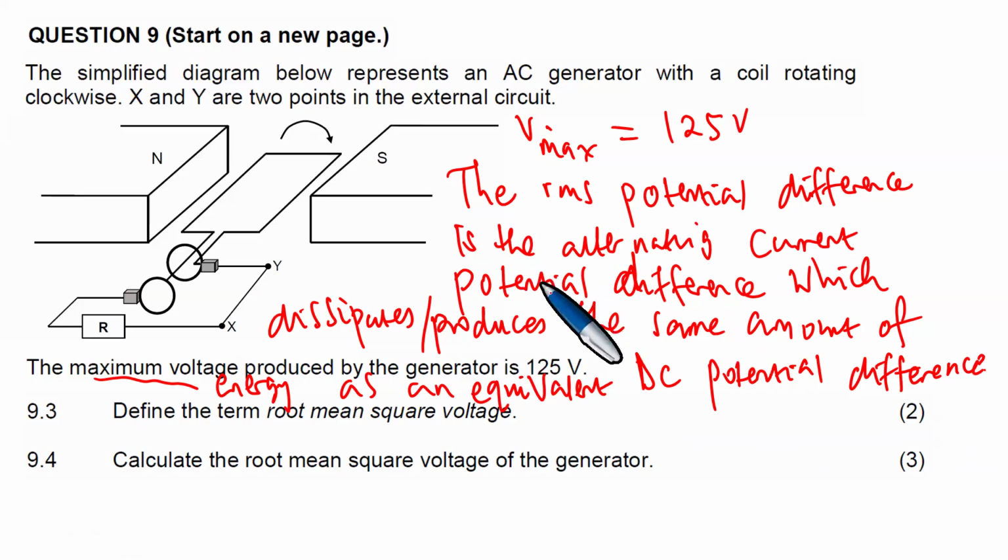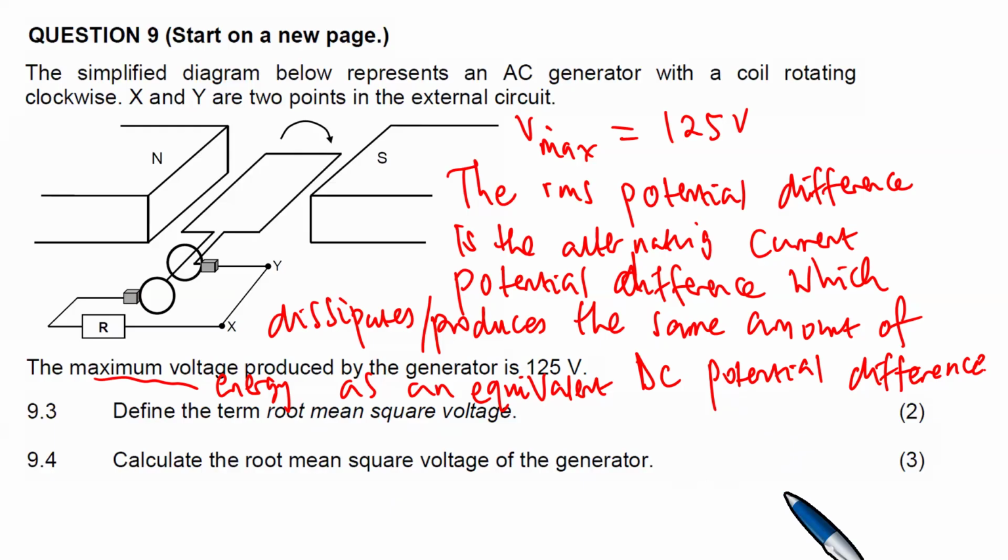The RMS potential difference is the alternating current potential difference which dissipates or produces the same amount of energy as an equivalent DC potential difference.